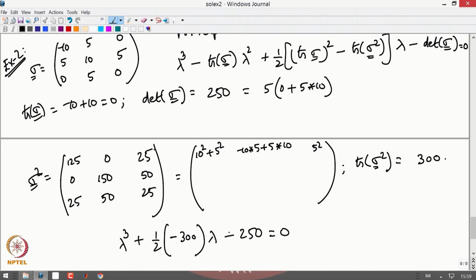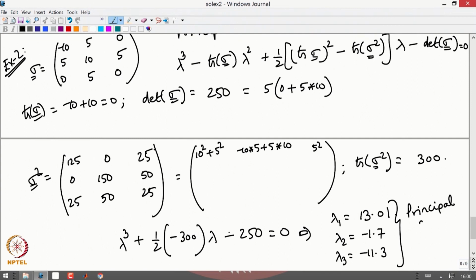Now, this cubic equation can be solved to get the principal values. From here we will get the principal value lambda 1 to be 13.01, lambda 2 to be minus 1.7 and lambda 3 to be minus 11.3 MPa. Okay. So, these represent the principal stresses.